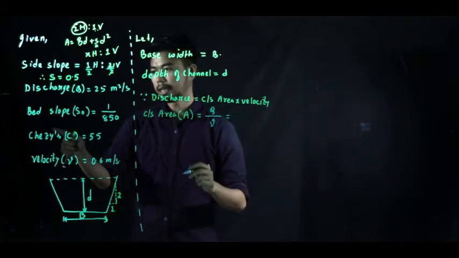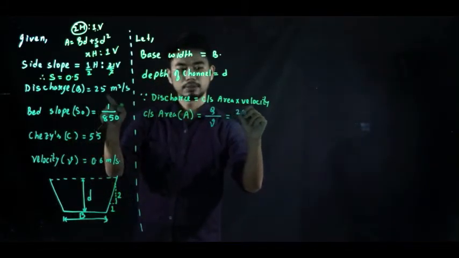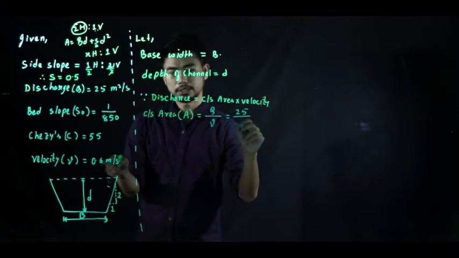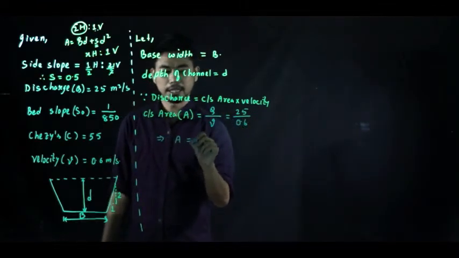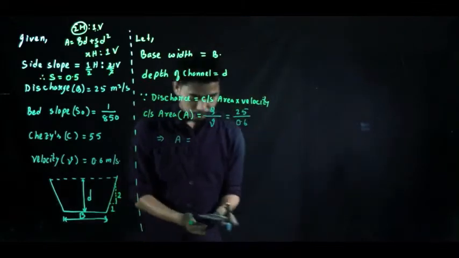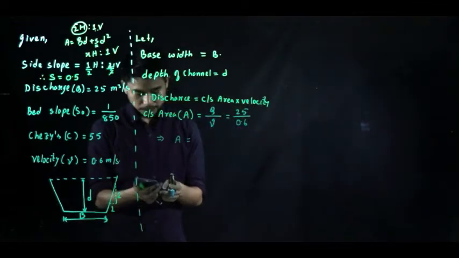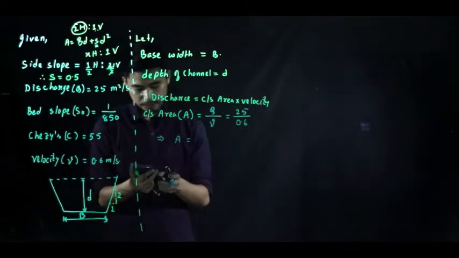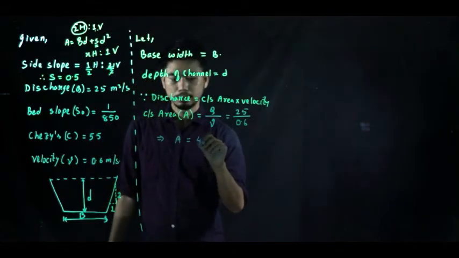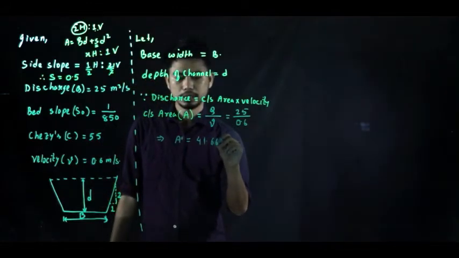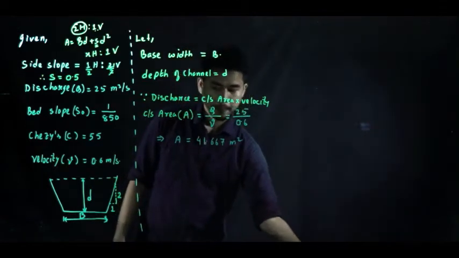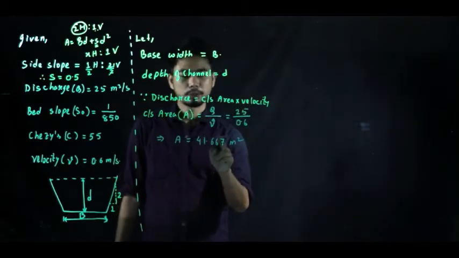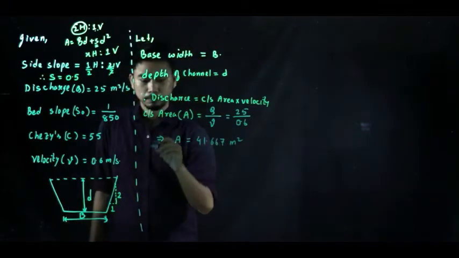Here the discharge is given as 25 and the velocity is given as 0.6. So you will get the cross-sectional area as 25 by 0.6. How much will it be? This will give us 41.667 meter square.